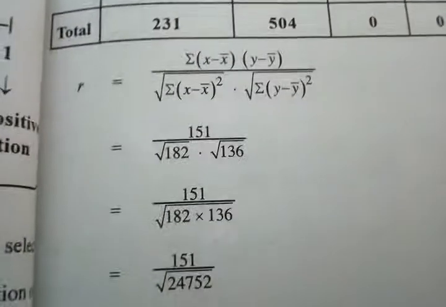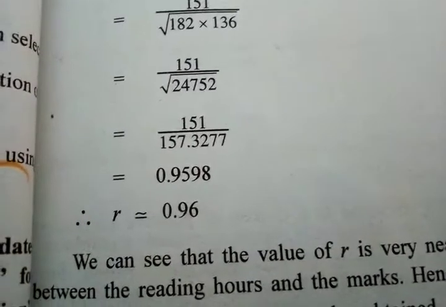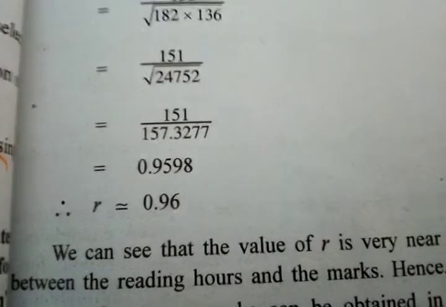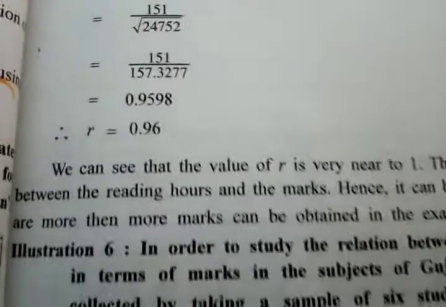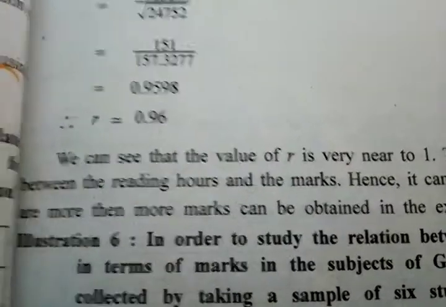We get the answer as 0.96. You can say there is a high degree of positive correlation in this case. That is the interpretation. So this is how the sum is worked out.